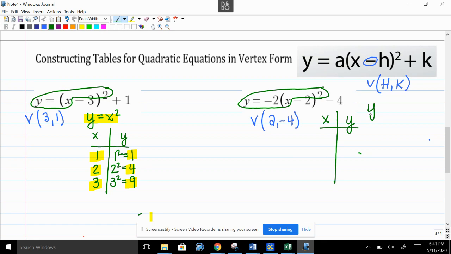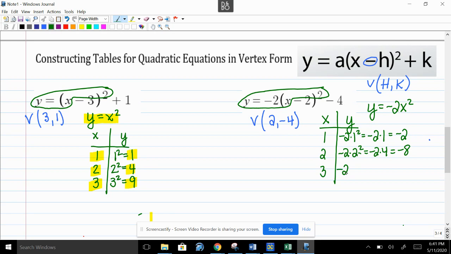Okay, my parent equation, I forgot to write it down. I apologize. Y is equal to -2x squared. I'm still going to go 1, 2, and 3. Okay, now when I plug them in for 1, it's -2 times 1 squared, which is -2 times 1, which is -2. For 2, it's -2 times 2 squared, which is -2 times 4, which is -8.